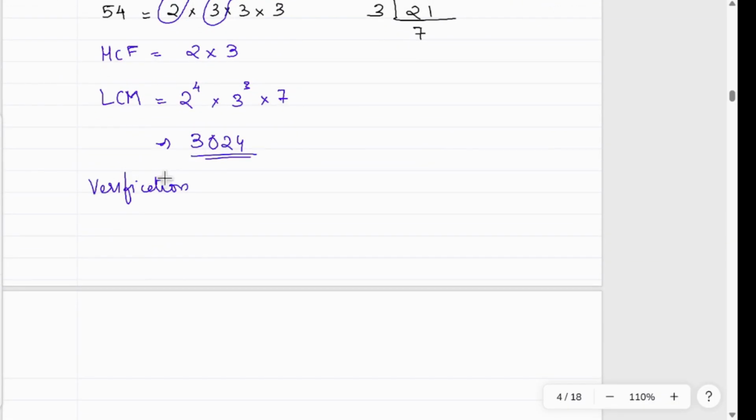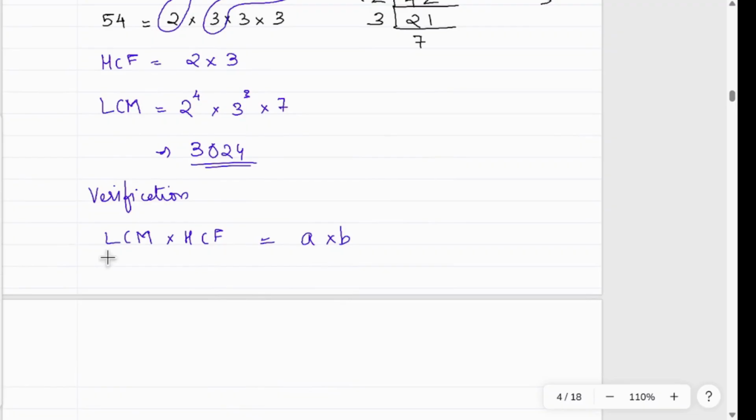What's our equation? The equation is LCM into HCF, which is equal to the product of our numbers, A into B. What is the LCM here? 3024. And what about the HCF, which is equal to 6? What are the numbers here? 336 into 54.